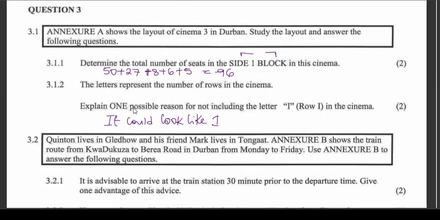So the reason why they never used it is to avoid confusion.